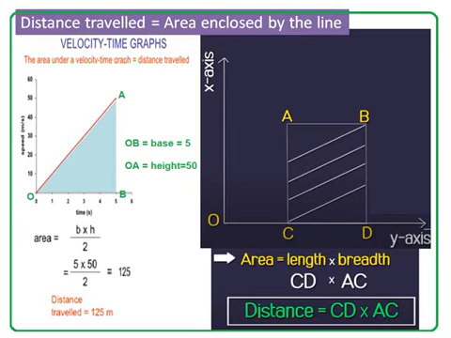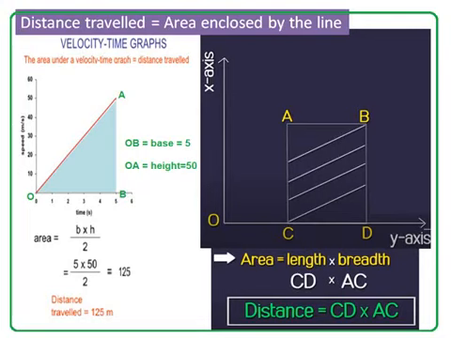Now here the base OB is 5 seconds, as it is given, and the height of this triangle is given by the distance AB, and when you look parallel to the y-axis, the distance AB is equal to 50 meters per second.